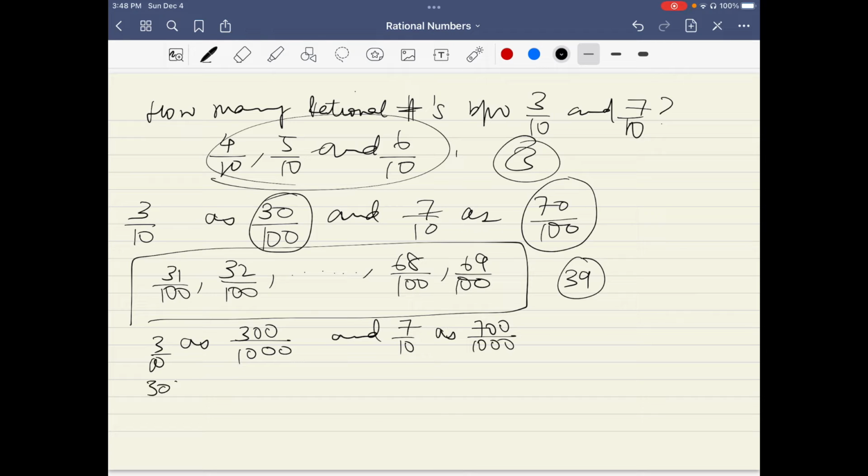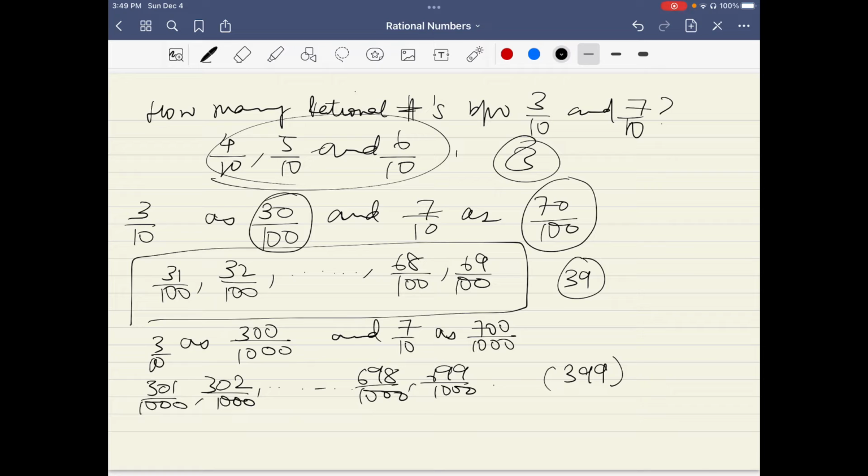Again, there's 301 over 1,000, 302 over 1,000, so on and so forth, 698 over 1,000, 699 over 1,000, right? It's 399 rational numbers between those two rational numbers.